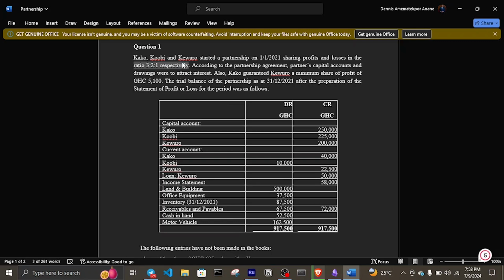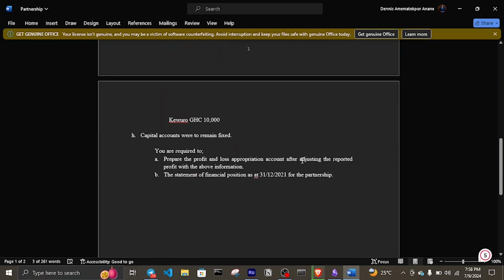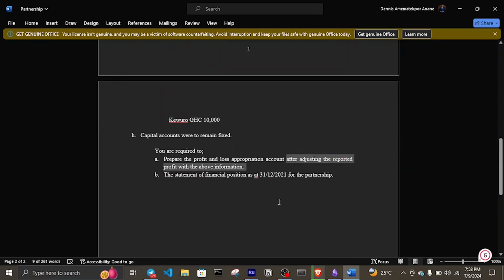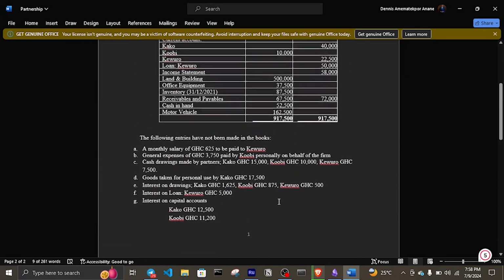Now, from the question, prepare the profit and loss appropriation accounts after adjusting the reported profit with the above information. So we're supposed to prepare the profit and loss appropriation accounts. Now note, after adjusting the reported profit. So what is the reported profit from the table? How do you know the profit that a business has made?